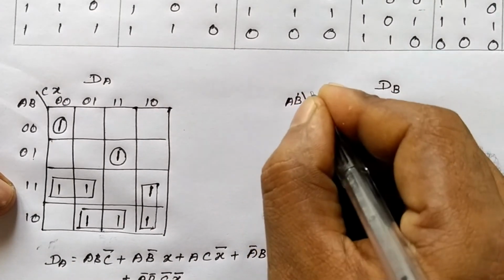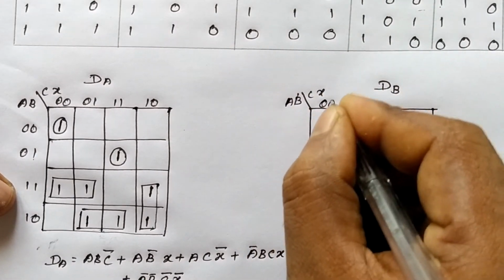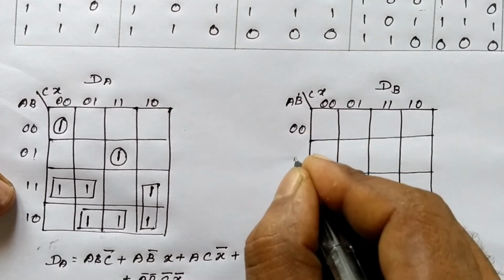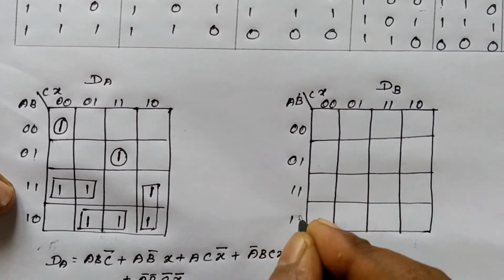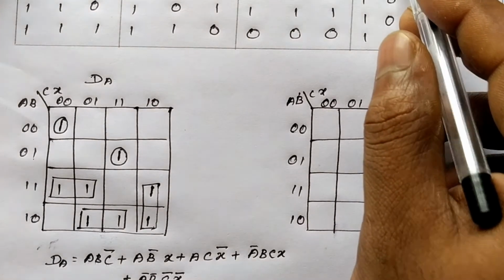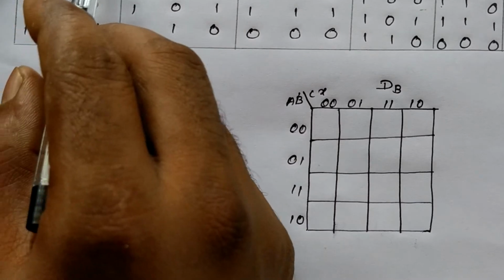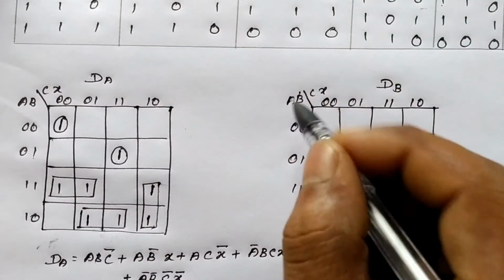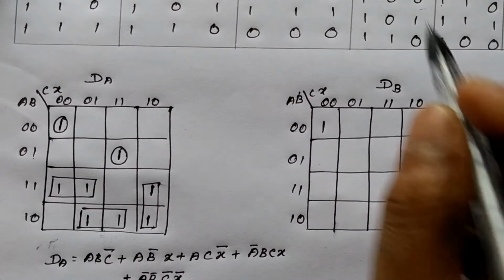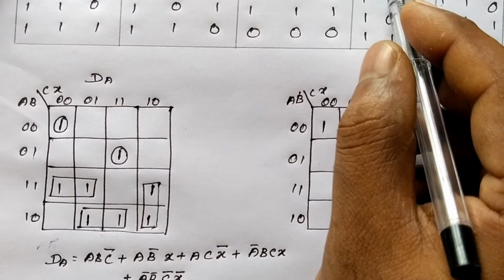A B C X, 0 0 0 1 1 1 1 0, 0 0 0 1 1 1 1 0. Here for dB, here we are having 1. Respective present state is 0 0 0 and input 0. Therefore 0 0 0 0, here we are having 1. Likewise here we are having 1.